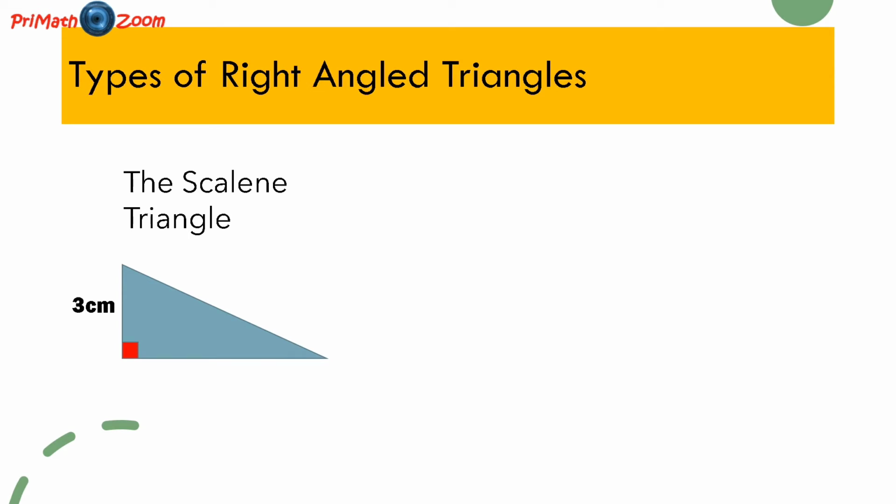So this side is 3 centimeters, this side is 6 centimeters, and this side is 7 centimeters. All 3 sides have different measurements, but the angle represented by a small square still measures 90 degrees.